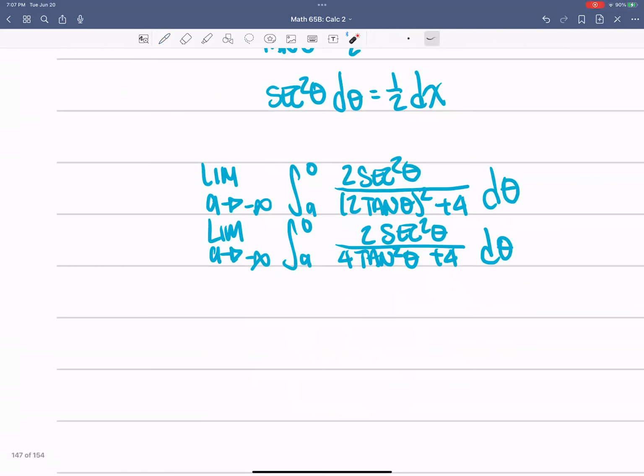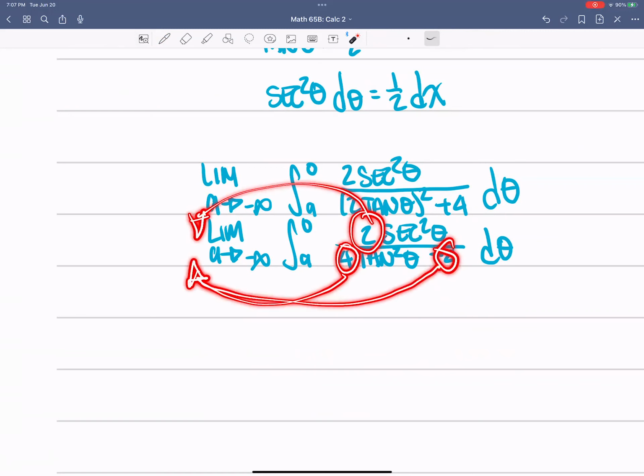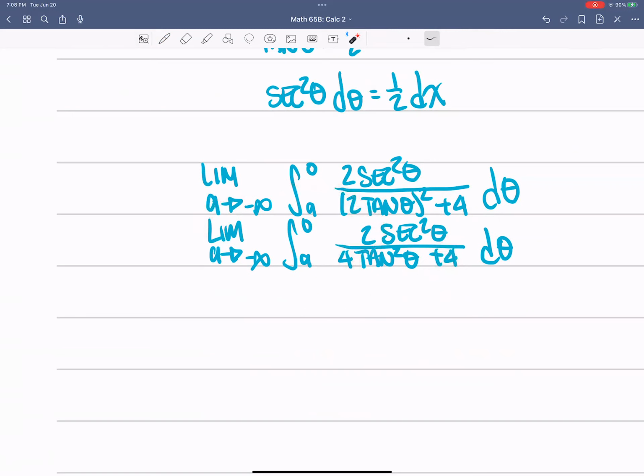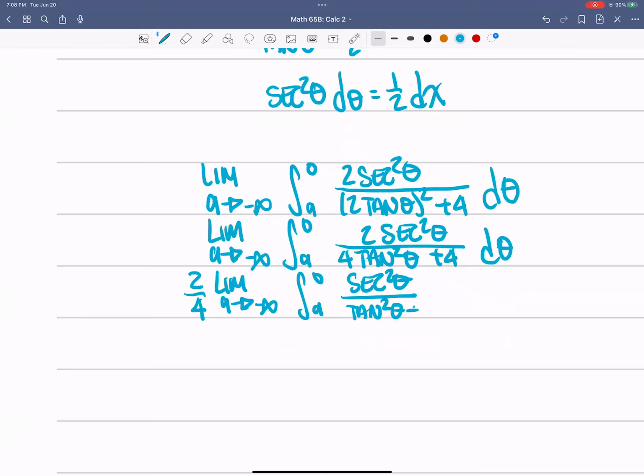I'm going to factor out a 2 here and a 4 here. Factoring out all that, we have 2 over 4, the limit as a approaches negative infinity from a to 0 of secant squared theta over tangent squared theta plus 1 d theta.